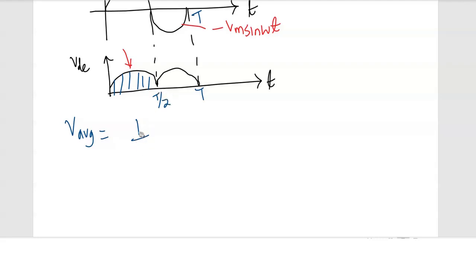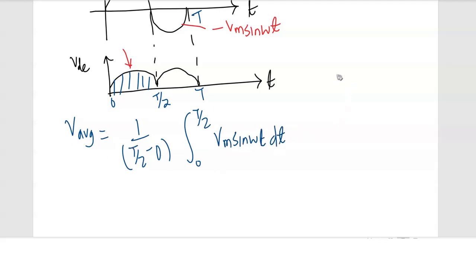So I'm going to use the mean value theorem, which says that if I have 1 over the period minus the starting point, that is 1 divided by T/2 minus 0, because it is starting from 0 to T/2, then integrating from 0 to T/2 of Vm sine omega t with respect to t.